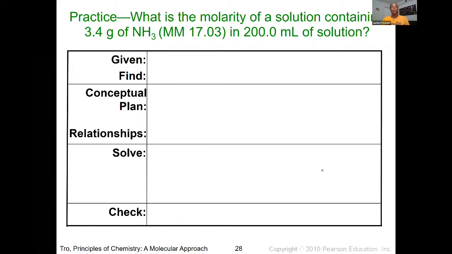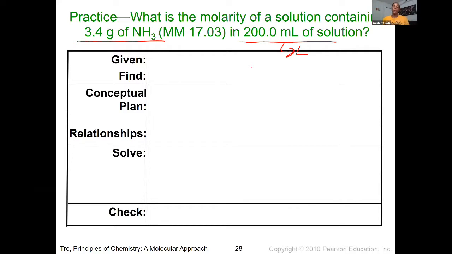Next problem, what is the molarity of a solution containing 3.4 grams of ammonia in 200 milliliters of solution? So again, we see that we're given gram amount about the solute. We also notice that we're given information about the solution volume, but you should notice that we don't have the proper units. We need this to be in liters.